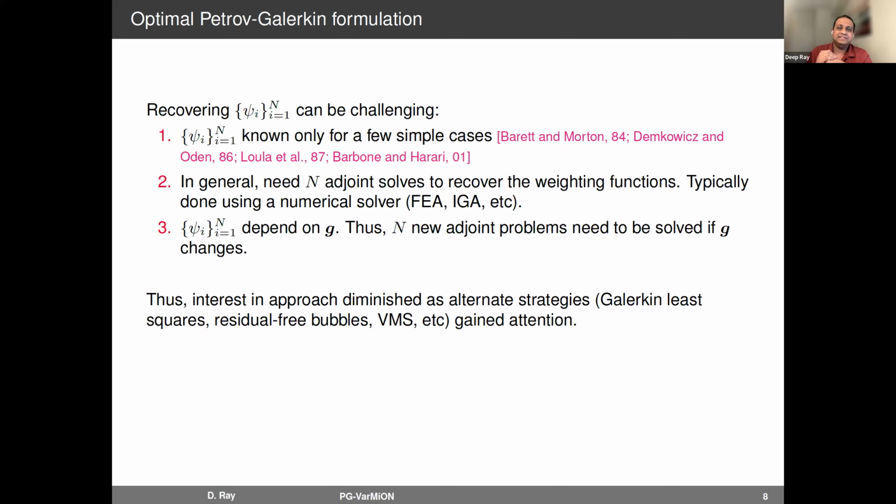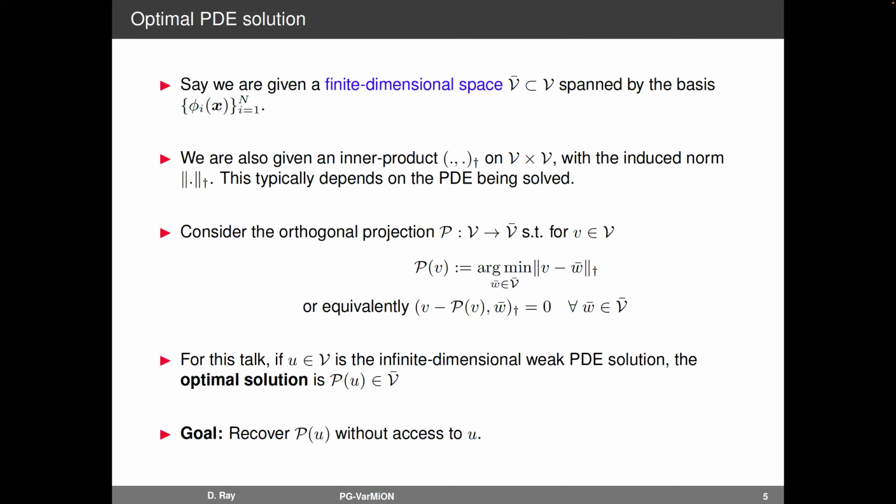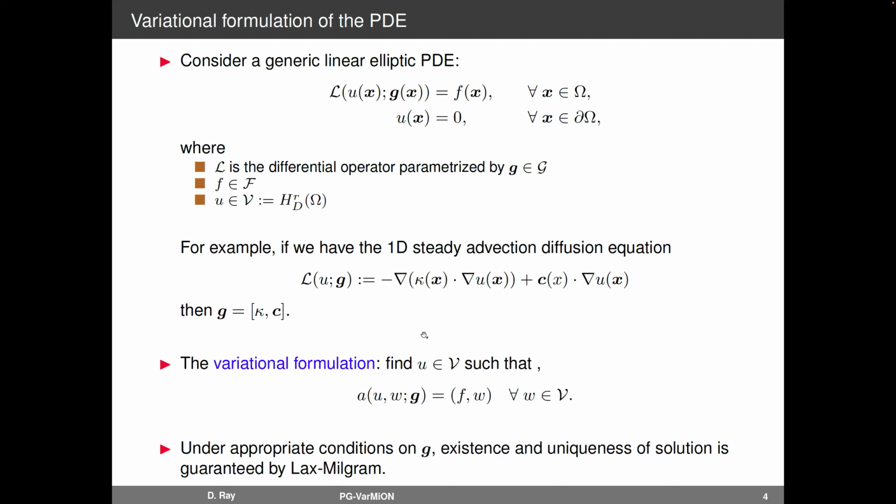Now, the psi i's depend on the choice of G. The G was coming from the PDE parameters only? Exactly. In linear advection diffusion, it's the diffusion coefficient and the velocity field, forming a G. Eventually you want to generalize over a certain class of parameters. Eventually, I'll get to that.